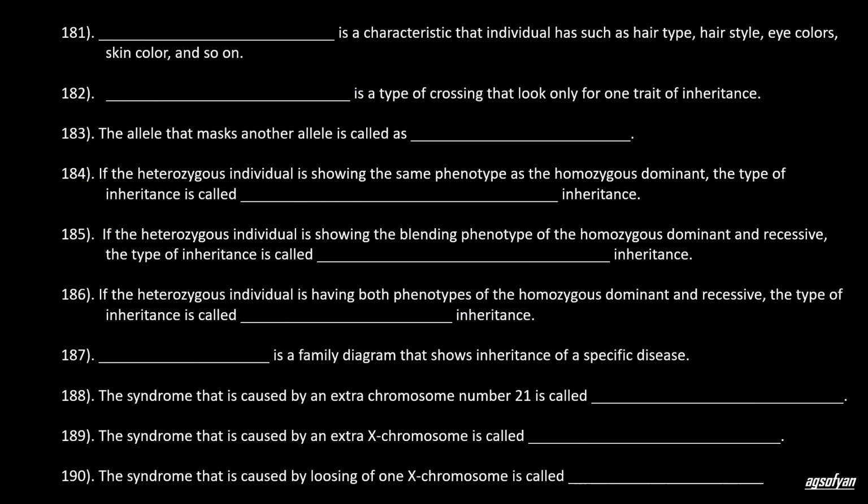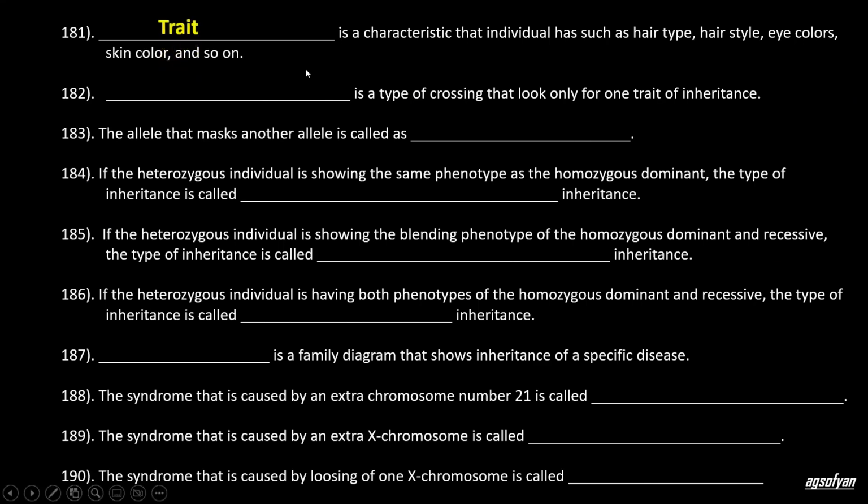Okay, 181 to 190. This is filling the blank, so you have to write down your answer. Number 181. Blank is a characteristic that an individual has, such as hair type, hairstyle, eye color, skin color, and so on. What is this? This is what we call the trait.